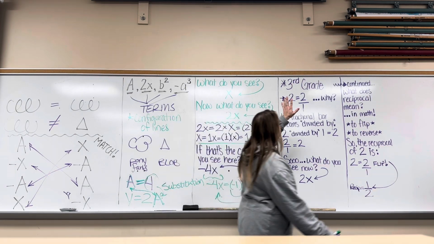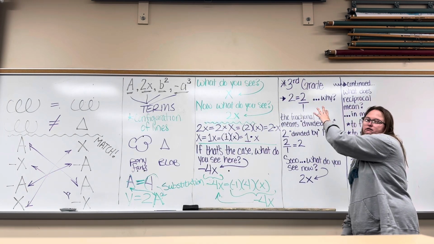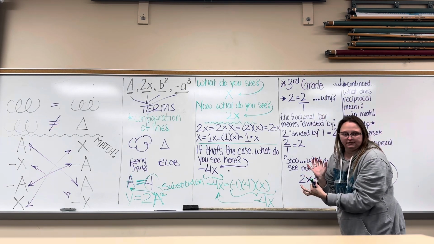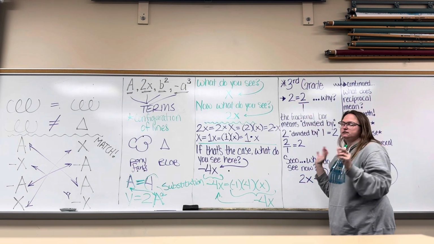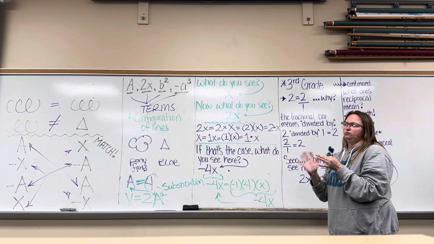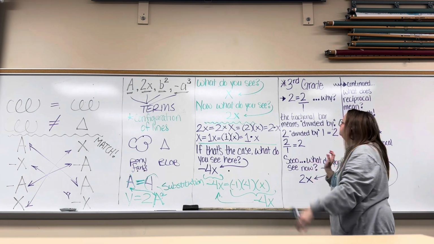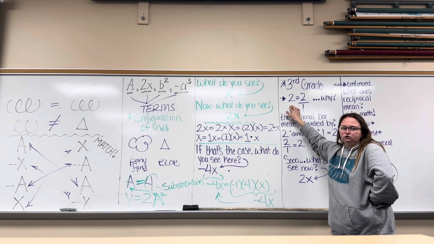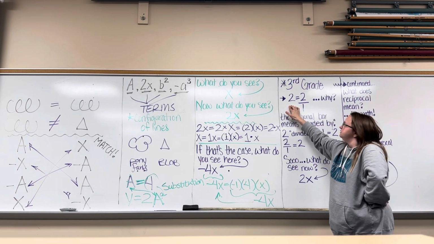Okay. Let's take you back to 3rd grade. We're going to cover real super basic. 2, and this is the whole numbers fractional situation, okay? 2 is not just 2. 2 is 2 over 1.